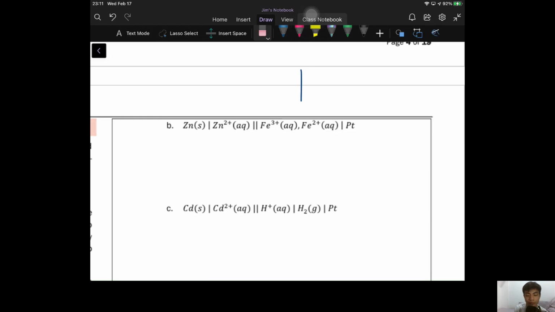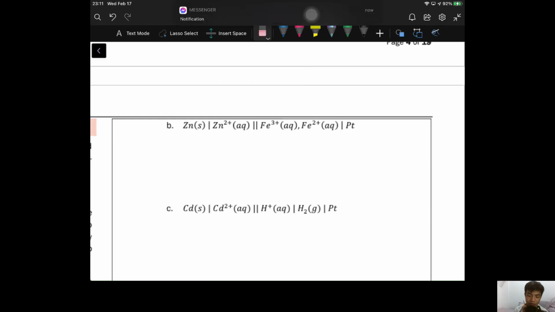Okay? So, again, kapag metal and ion, single line gamit. Kapag ion, gas, single line yung gamit. Pero kapag ion, tas ion, comma yung gamit, no? Okay. So, this is still boundary yan, no? Ano pa?